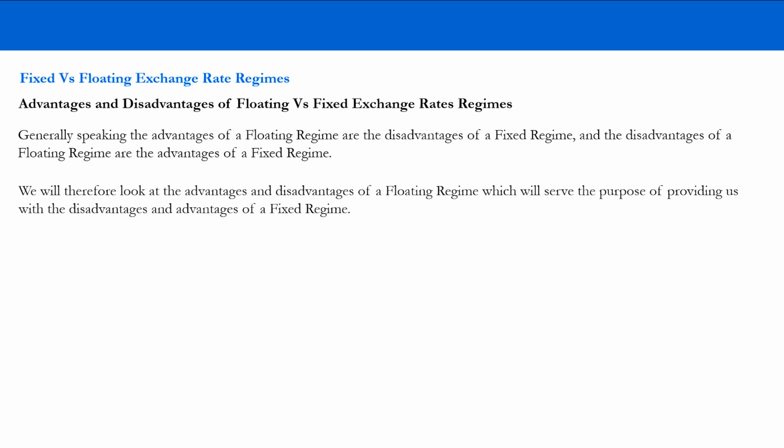Generally speaking, the advantages of a floating regime are the disadvantages of a fixed regime and vice versa. So what we'll do is look at the advantages and disadvantages of a floating regime, which will serve the purpose of providing us with the disadvantages and advantages of a fixed regime.